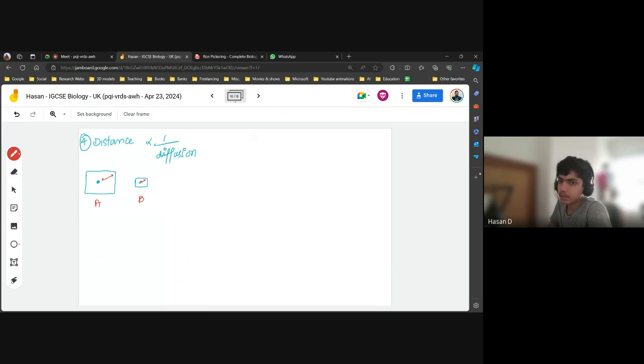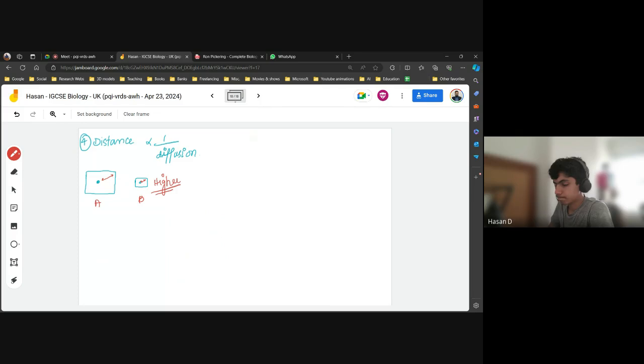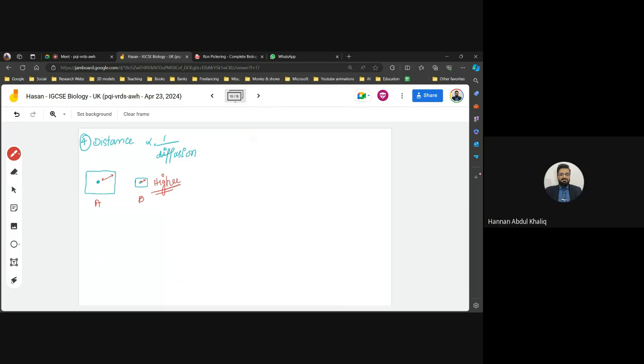Well, B, because it has a smaller distance. So keeping the distance smallest means you can increase the rate of diffusion.